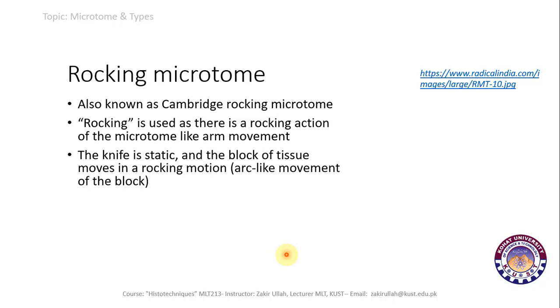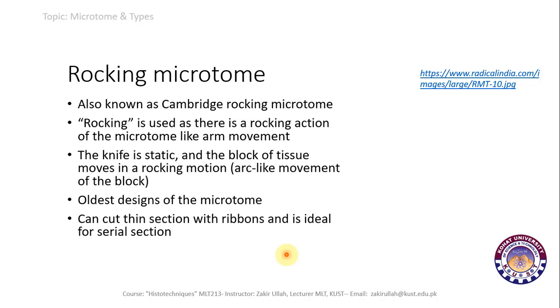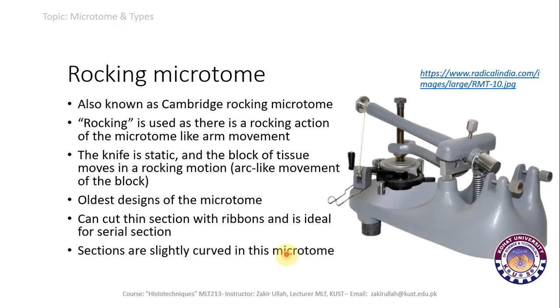The knife in this microtome is fixed and static, and the block of tissue moves in a rocking motion, an arc-like movement of the block. This is one of the oldest designs of microtome, and it can cut thin sections with ribbons, ideal for serial sectioning.